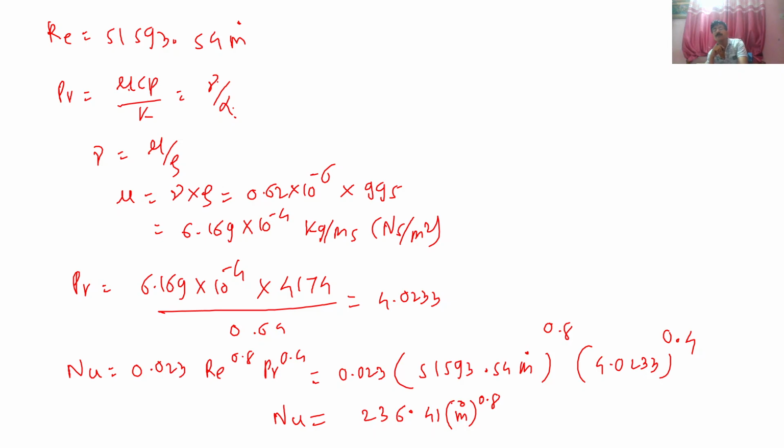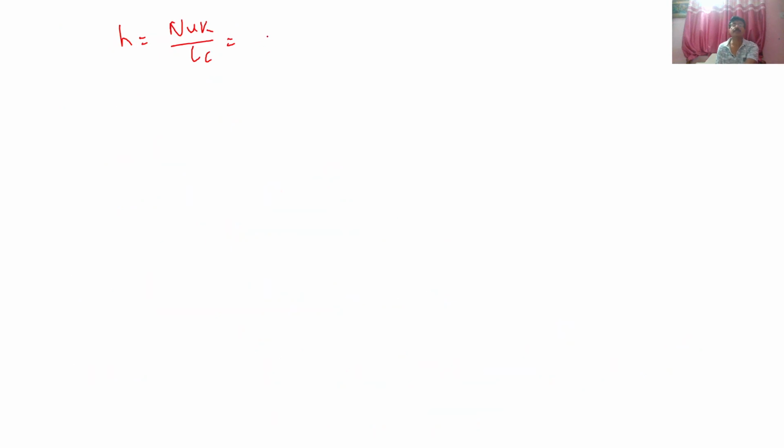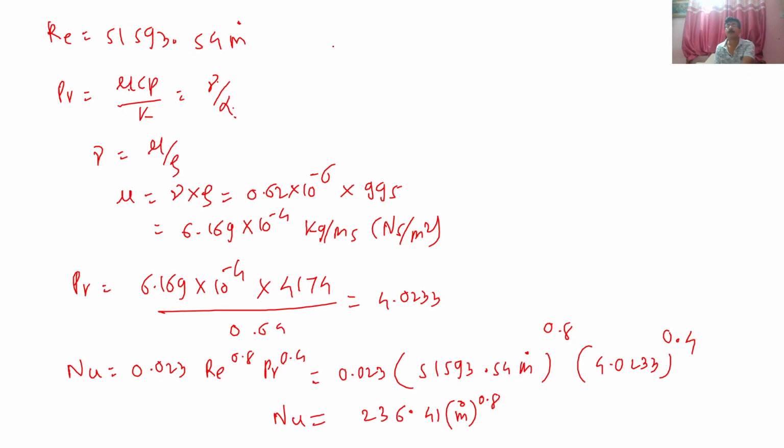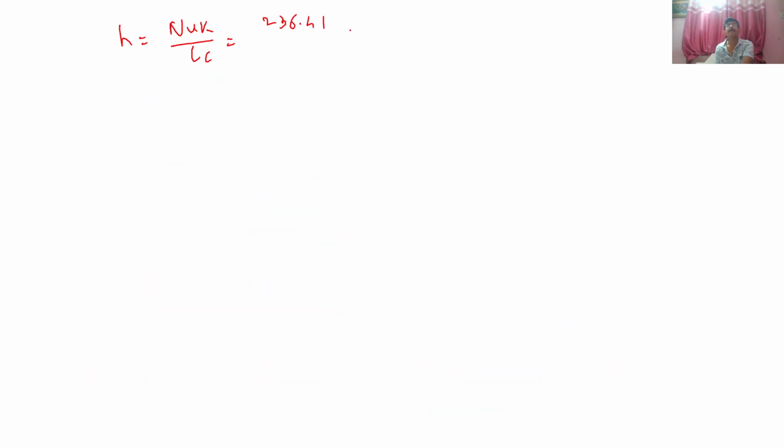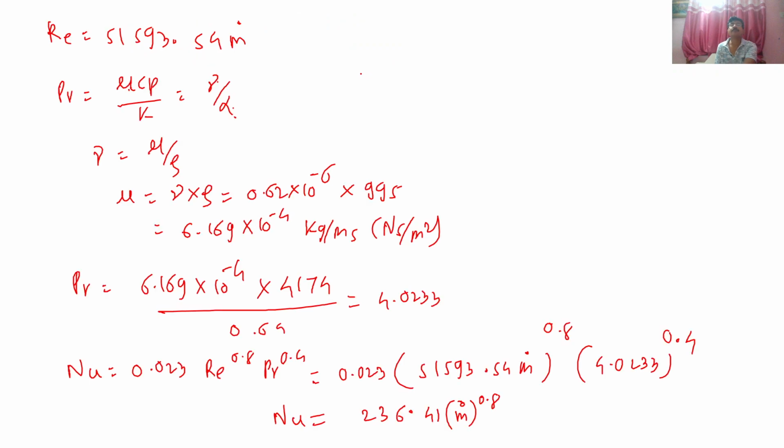Now next, what is after the Nusselt number? H. H is equal to Nu K by Lc. What is Nu? Just now calculated in terms of m dot: 236.41 into K. How much is K? 0.64. And what is Lc calculated?